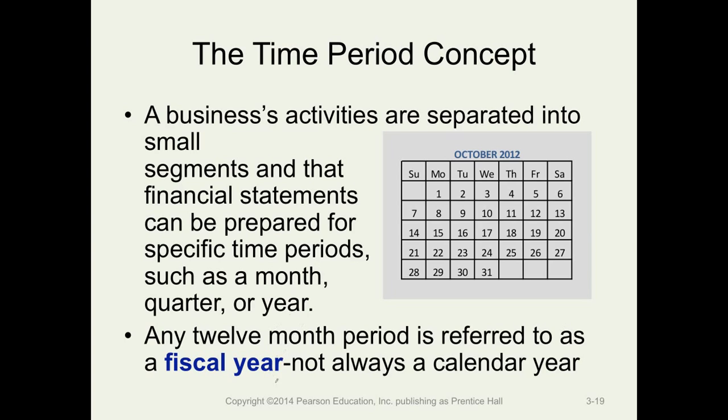A lot of nonprofit or government organizations have a fiscal year that begins July 1st and ends the following June 30th. So the beginning of the year is July 1st, the end of the year is June 30th.